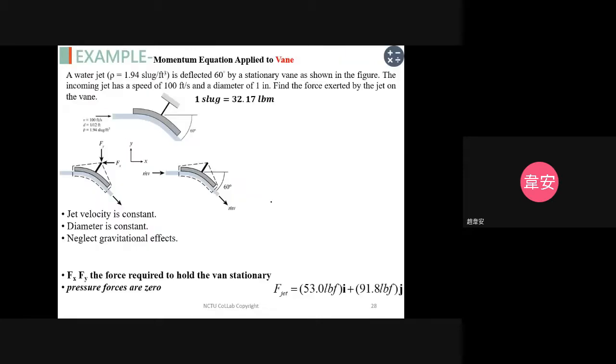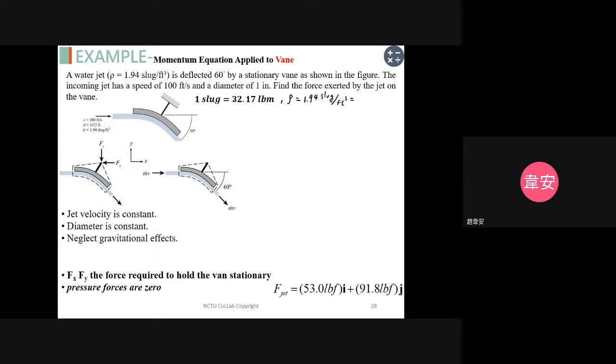Okay, so what's the problem? We can apply the momentum equation to the fan problems. As you see, there is a water jet. And for the water, the density is 1.94 slug per ft cubed.